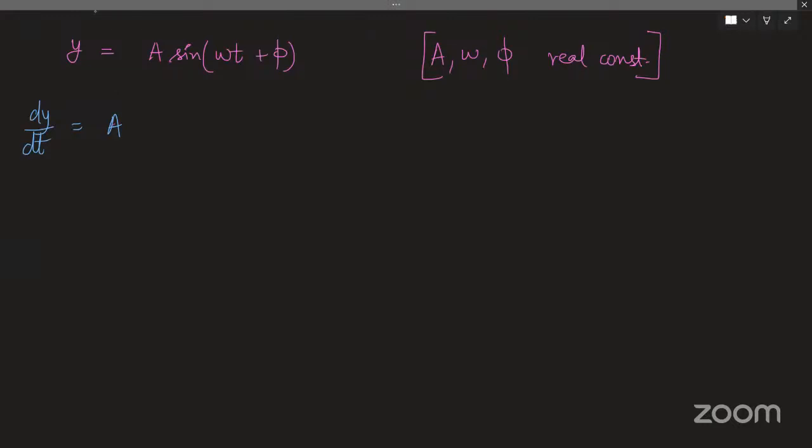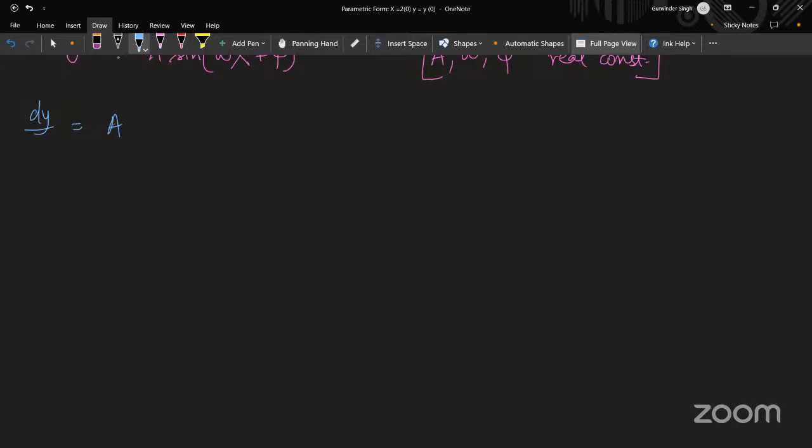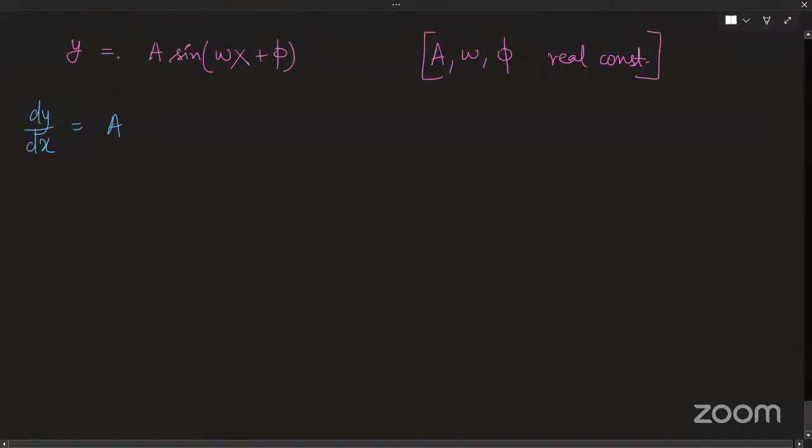Okay, so let us change it to x now, if you're getting too confused. What will be the derivative with respect to x? See, a, omega, and phi, just treat them as any real number.